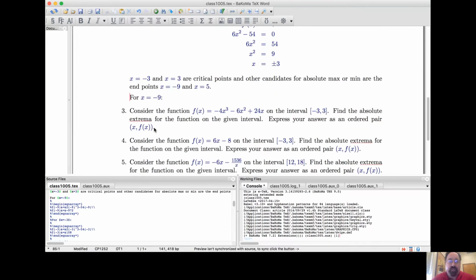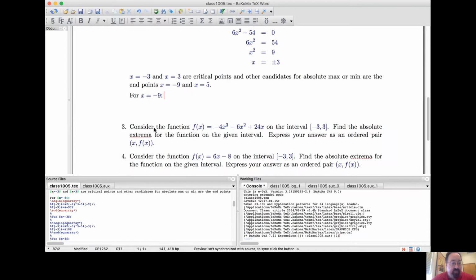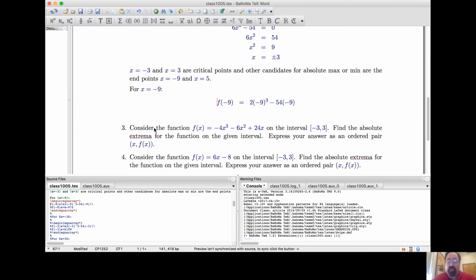Okay, so just going from left to right, we consider x equal to -9. Just go ahead and substitute x equal -9 into the function, and we're going to get a very negative number in this case.